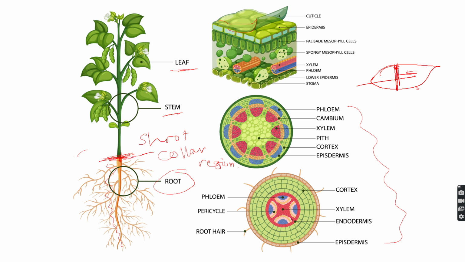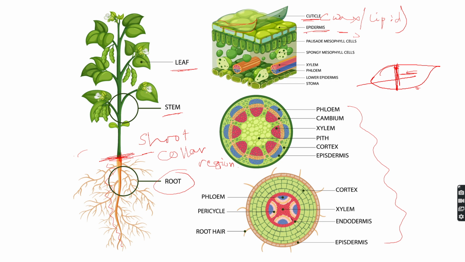That glossiness is because of the presence of cuticle, which is basically wax or lipid. Okay, and beneath that there is epidermis. Epidermis is the outer layer of the leaf, or of the whole plant basically.